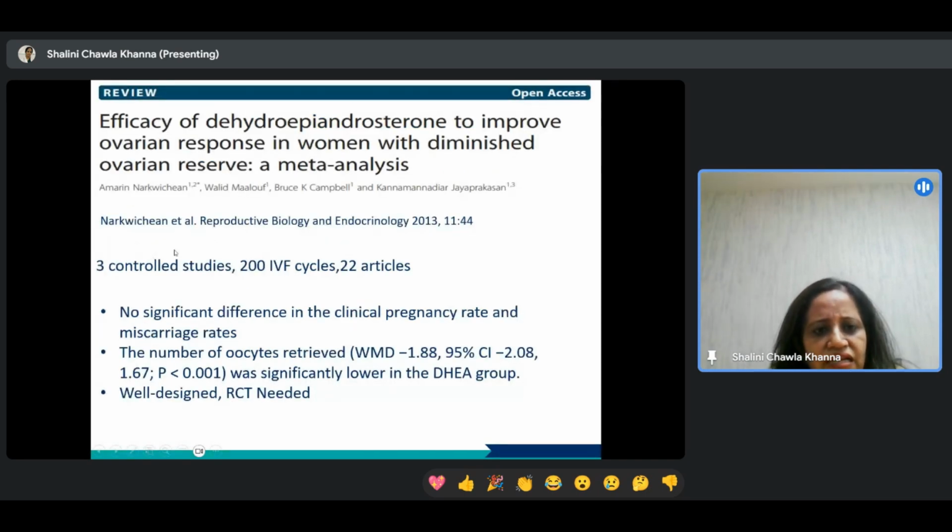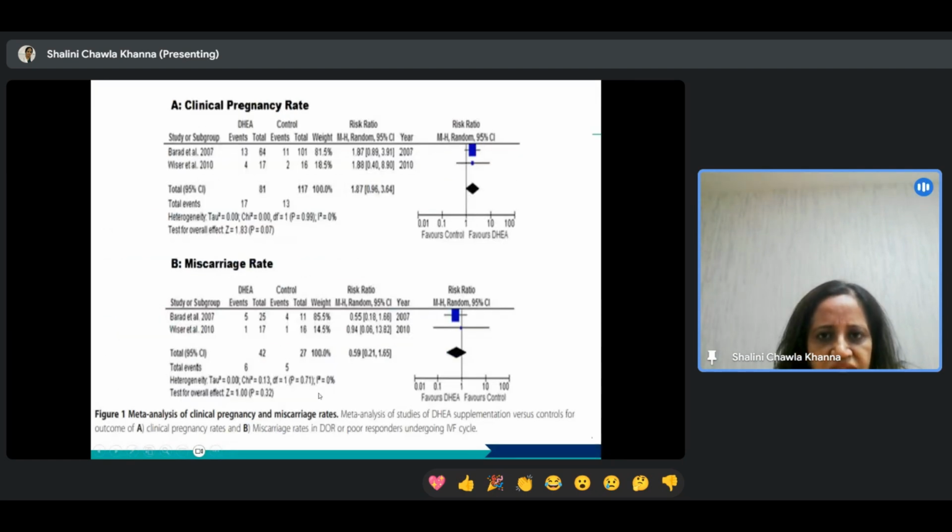Again, this is another meta-analysis by Nakiviken et al., where they took 200 IVF cycles, 22 articles included. They did not find any difference in the clinical pregnancy rate and the number of oocytes retrieved. However, in fact, it was an eye-opener that the number of oocytes were less in the DHEA group. And they concluded that well-designed and more RCTs are needed.